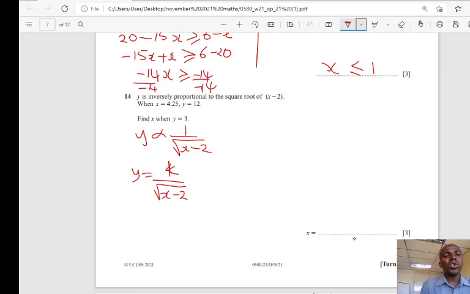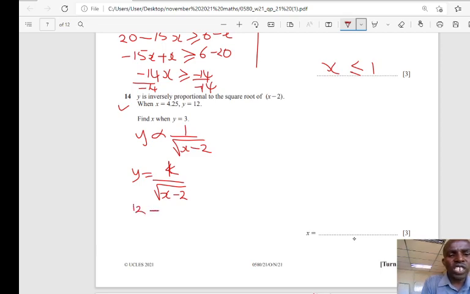Then now, using these values that will be given, x 4.25, y 12, use those values to find the value of the constant k. Right? x is 4.25, y is 12.